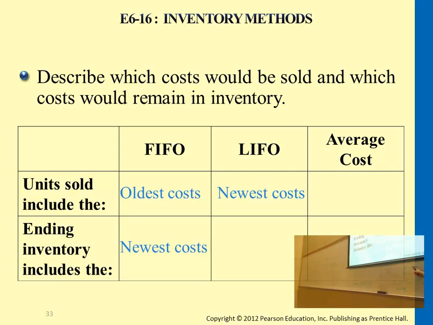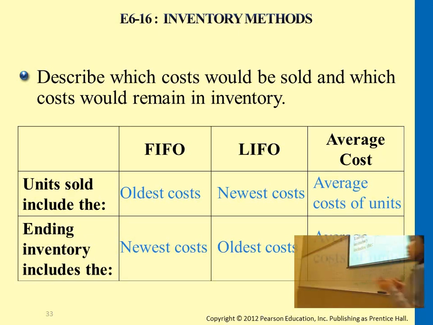So ending inventory included on balance sheet will be the older costs. Okay, average cost is always, we're constantly averaging out a unit cost, so the number is not from the oldest or newest, it's actually somewhere in the middle. So you see this number is in the middle of these two. This number, the value is also in the middle of these two.